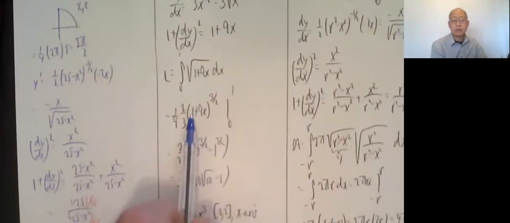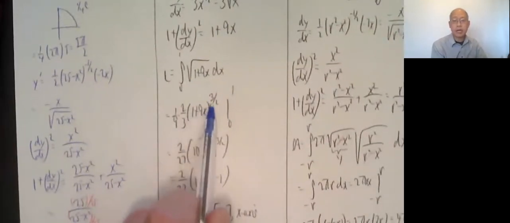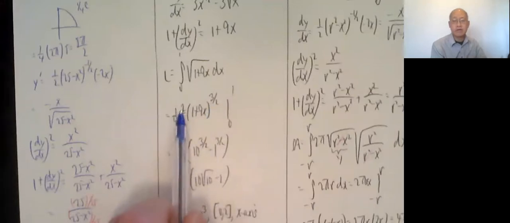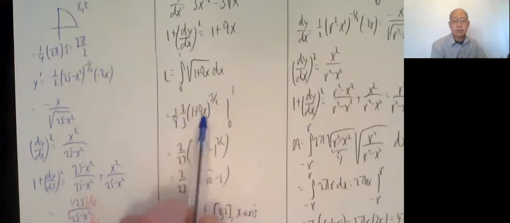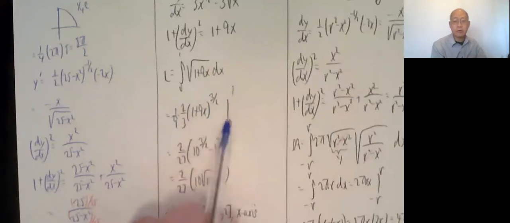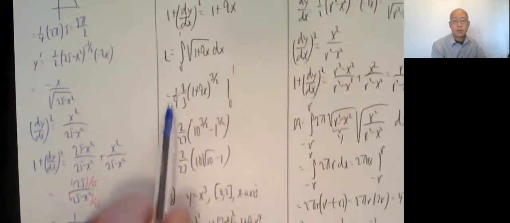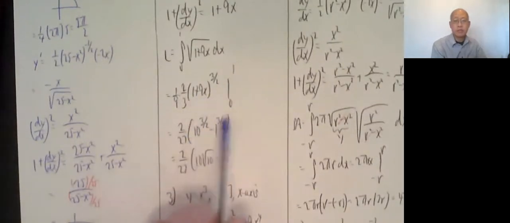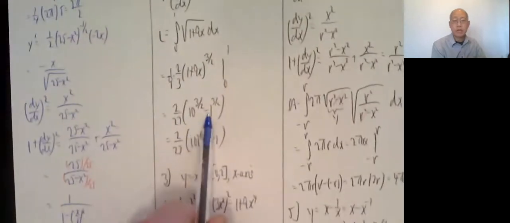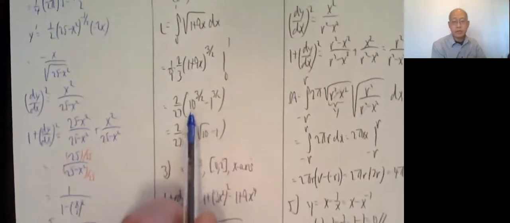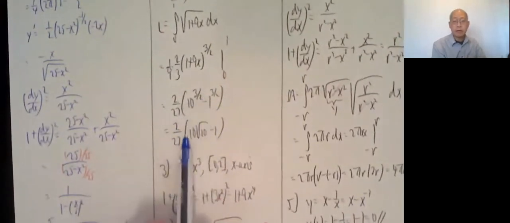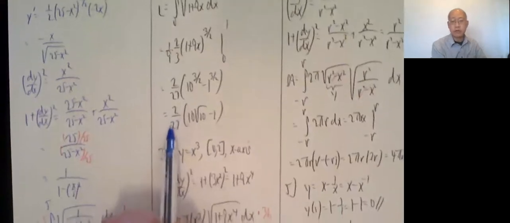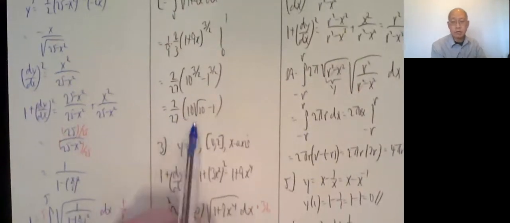So the integral is 1 plus 9x to the 3/2, divided by 3/2 means times 2/3, and multiplied by 1/9 because of the chain rule, from 0 to 1. This comes out to be 2 over 27. Plug in 1, 10 to the 3/2. Plug in 0, 1 to the 3/2. 1 to anything is 1. And we know how to write that, 10 radical 10. So final answer, 2 over 27 times 10 radical 10 minus 1.